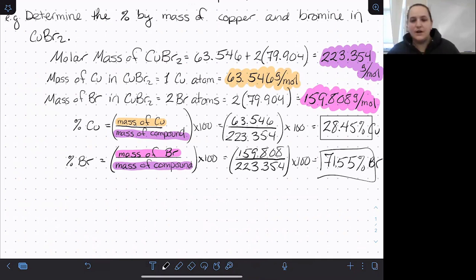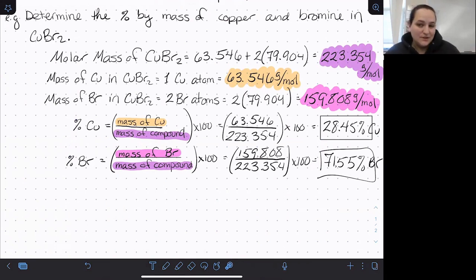bromine, and this was percent copper. So in this case, since it was only two elements, you could also recognize that once you've calculated the percentage of copper, the rest of it is going to be bromine, and you have to add up to 100%. So you could also calculate it that way, and you should come up with the same answer. But being able to calculate just one by itself is useful.